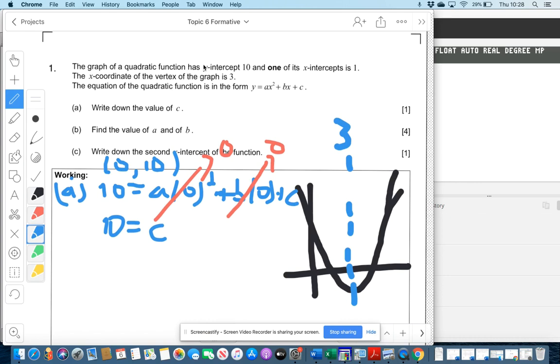Okay, so those are one point's coordinates. We need to find another point's coordinates because I only have 2 so far. I have 0, 10, and I have this point over here, 1, 0.